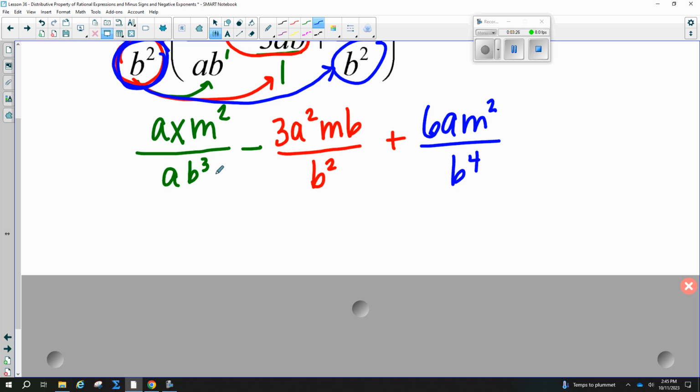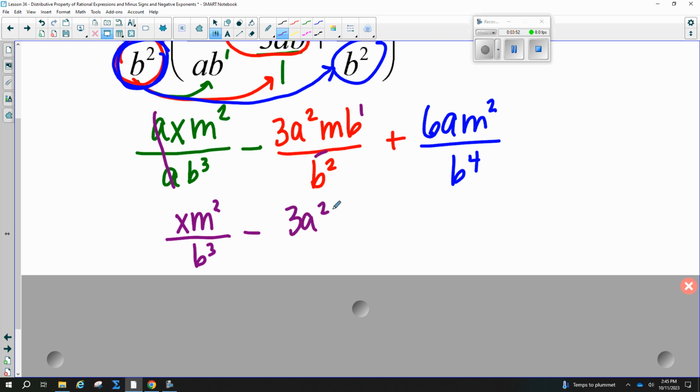So does anyone notice anything that simplifies? Hopefully you notice that the a's cancel. So then I have x m squared b cubed minus. All right, over here I've got 2 b's on the bottom and 1 on the top. All right, one of them cancels. So you do subtract exponents and there are more on the bottom.